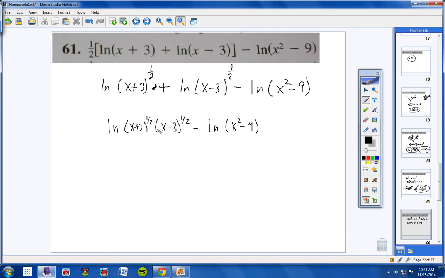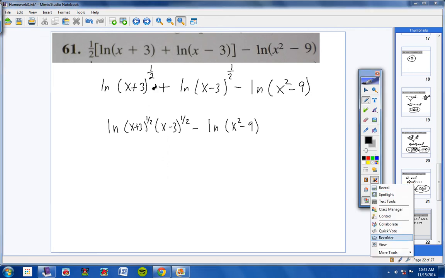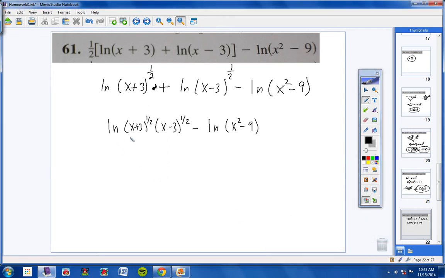If this is to the 1/2 power, and this is to the 1/2 power like this, do understand that we can do a little simplifying here, okay? Let me show you. You can actually multiply these two together and get x squared minus 9 to the 1/2 power.